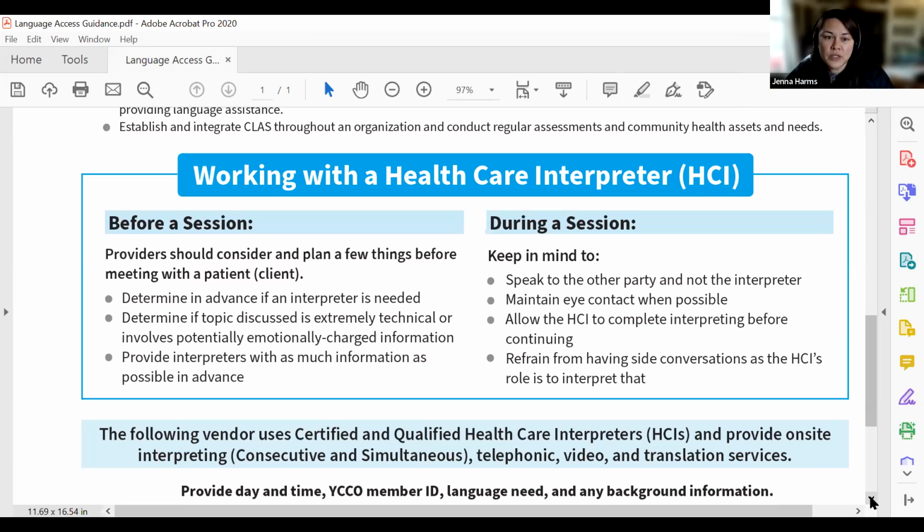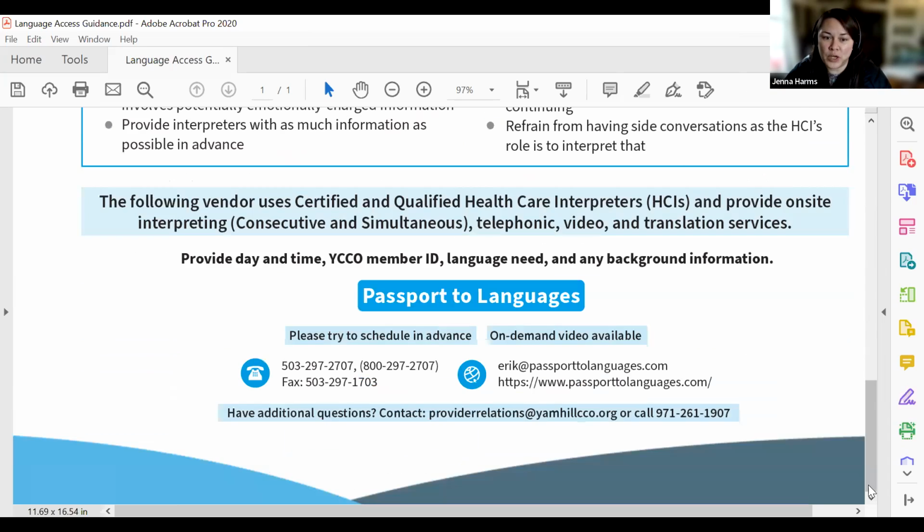If you'll scroll down just a little bit, that's a little bit of information on working with an interpreter. And here is probably the most important information that you all are interested in. If I identify an individual that has a language support need, how can YCCO support you and help you to ensure that you have that access? Currently, we have a contract with Passport to Languages.